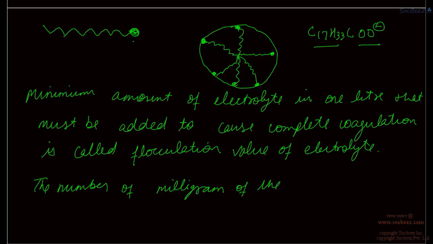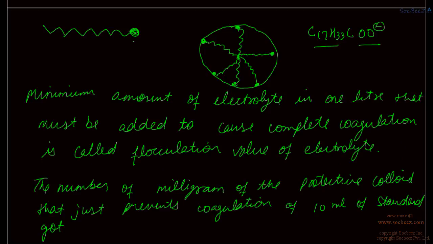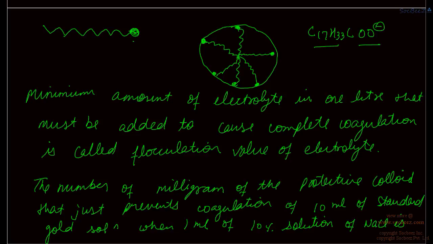So the number of milligrams of the protective colloid that just prevents coagulation of 10 ml of standard gold sol when 1 ml of 10% solution of NaCl is added.